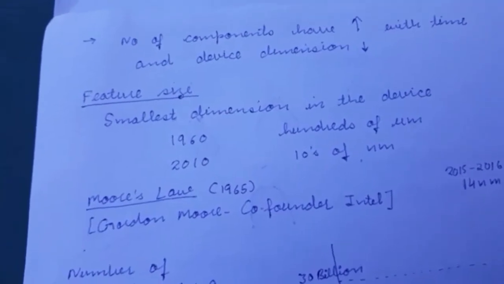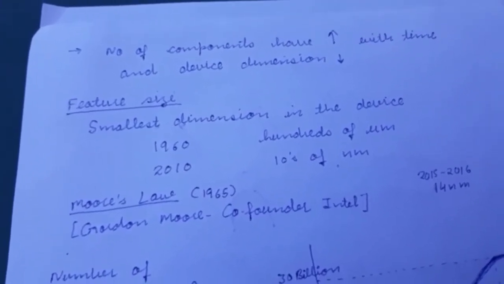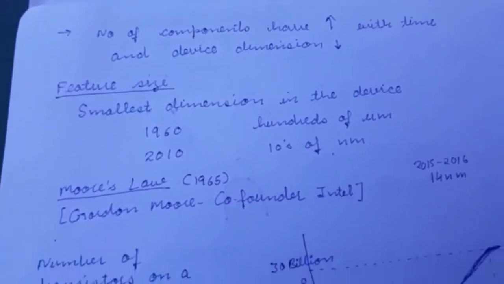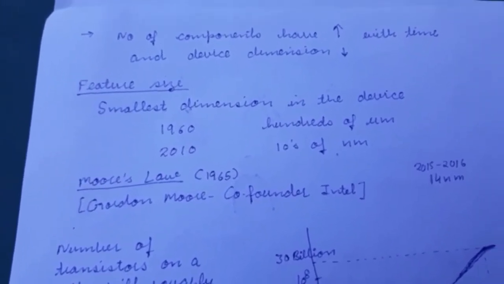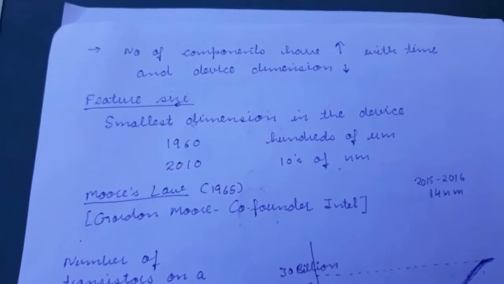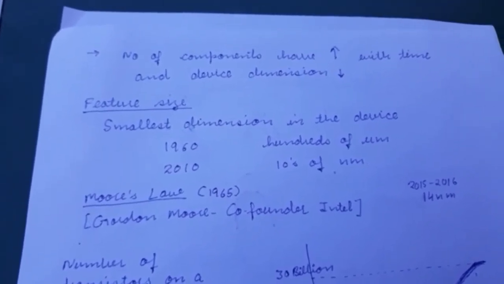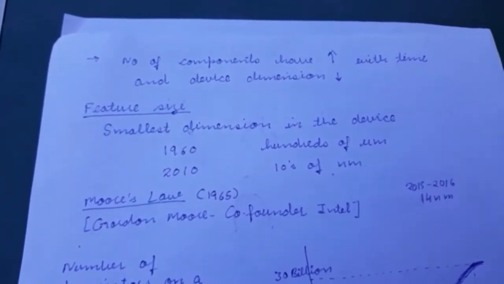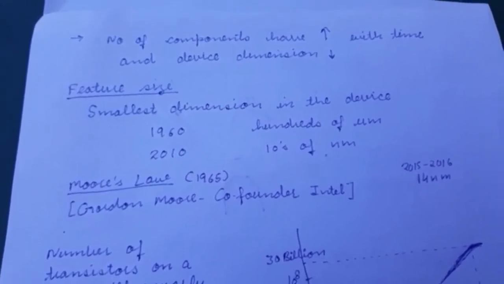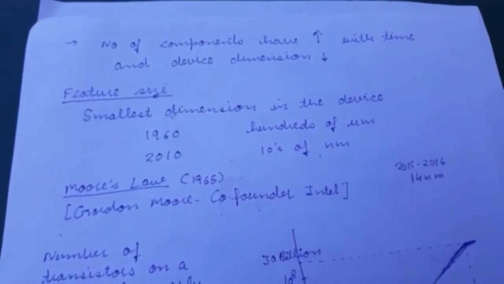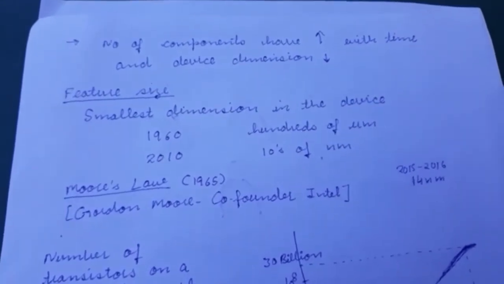So it is seen that the number of components that can be adjusted on a silicon wafer increases with time. And if the number of components increases, that means that the size of the component will decrease. So if the size decreases, then it becomes more and more difficult to arrange more and more devices on a chip. So first of all, let's try to understand what size we are talking about here.